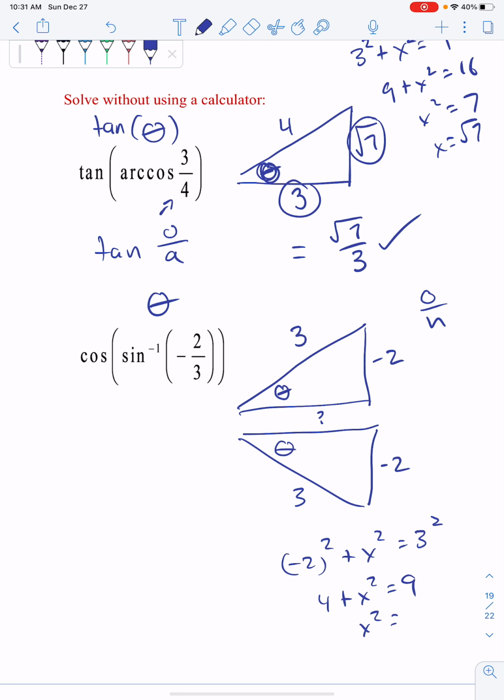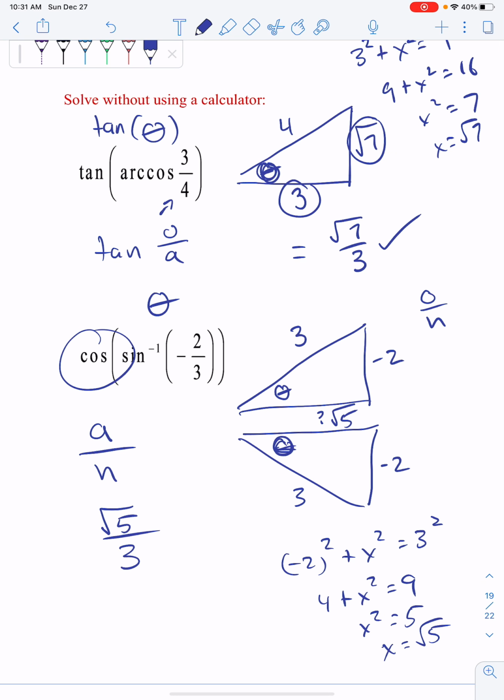So some number squared equals 5. So some number equals root 5, right? So this becomes root 5. So now I can just take the cosine of my angle. Again, I still don't know what my angle is, but I don't need to know it. I'm looking for the cosine of my angle, and cosine is adjacent over hypotenuse. So I get root 5 over 3.